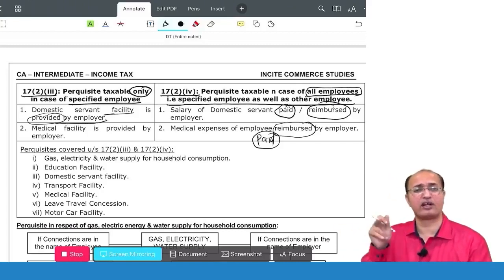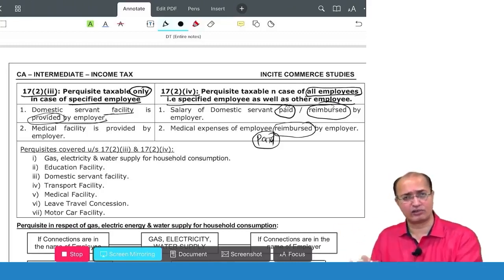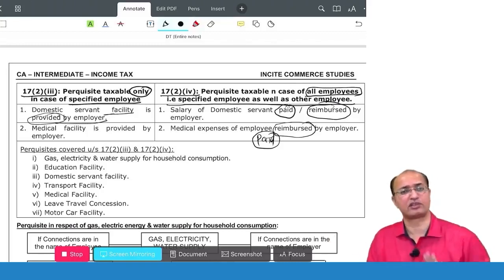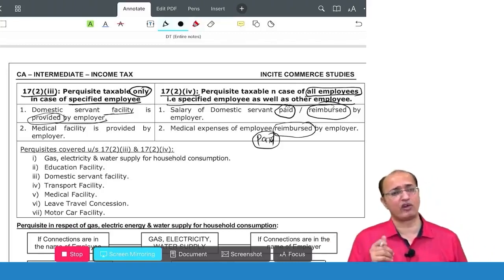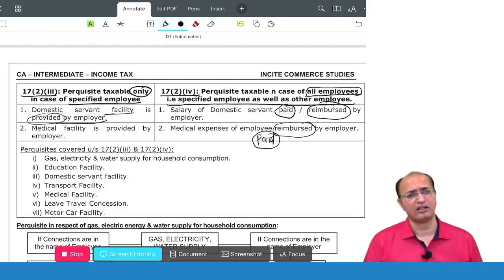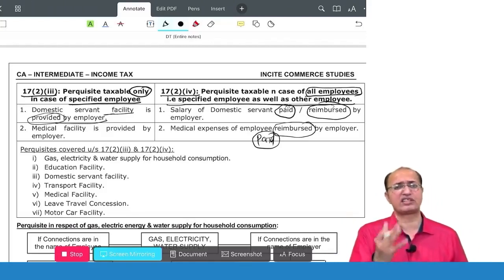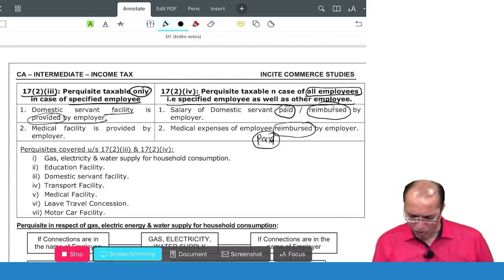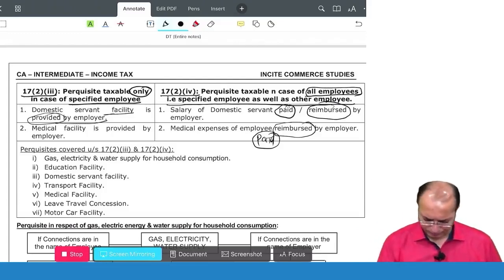He has appointed the domestic servant and said to the domestic servant, you will be working for this person. Who will pay salary to him? Definitely the employer will pay salary. So you have not got money directly or indirectly. What you have got is facility. So this is a non-monetary perquisite covered by 17(2) clause 3.